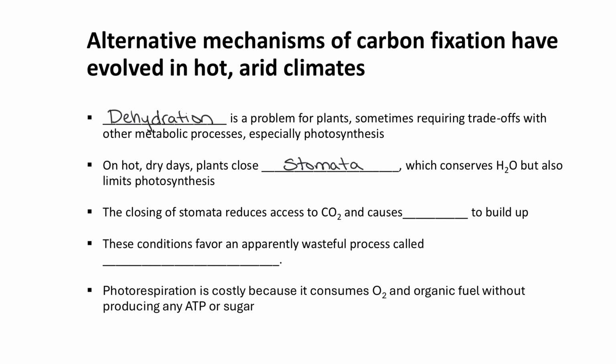The closing of the stomata reduces access to carbon dioxide and causes oxygen to build up. These conditions favor an apparently wasteful process called photorespiration. Photorespiration is costly because it consumes oxygen and organic fuel without producing any ATP or sugar.